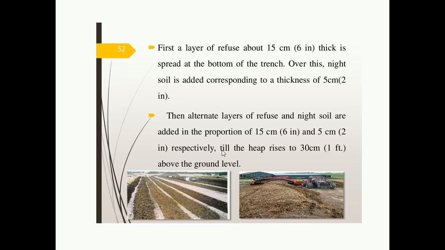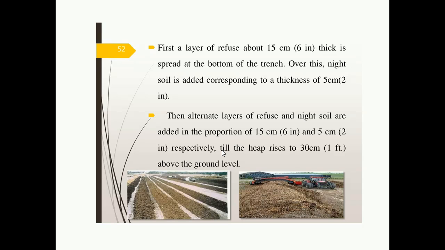Alternate layers of the refuse and night soil are added in the proportion of 15 centimeters and 5 centimeters respectively. We are observing first the refuse layer, then the night soil, then the refuse layer, then night soil.